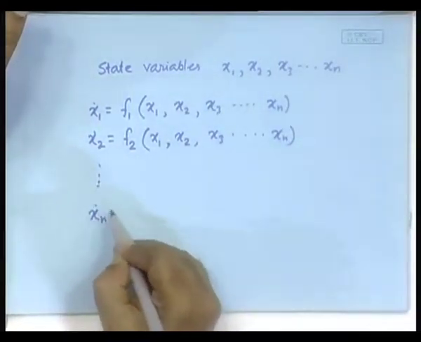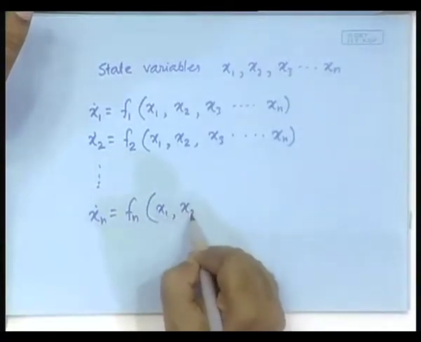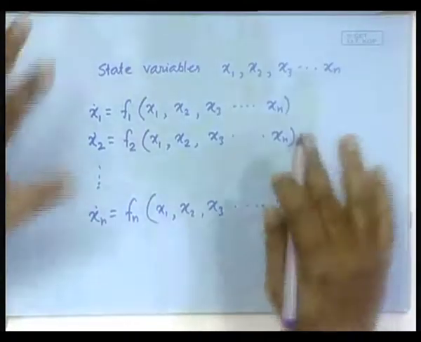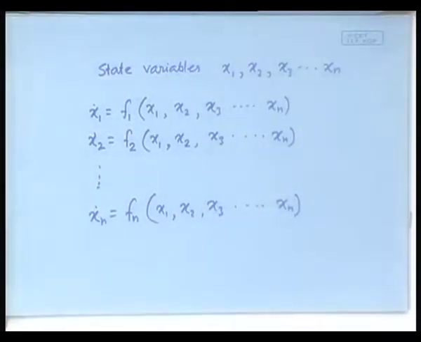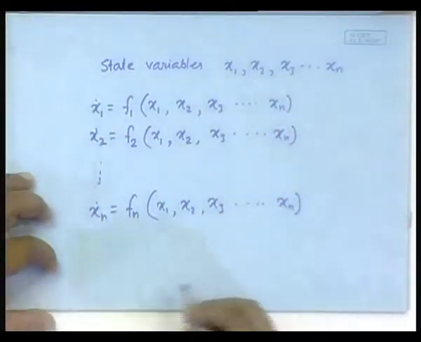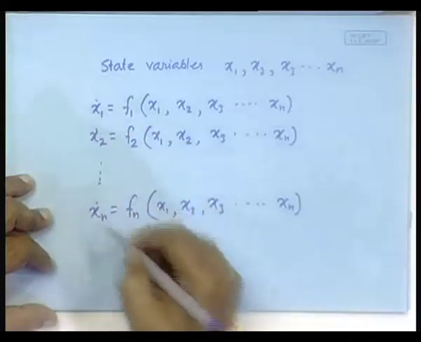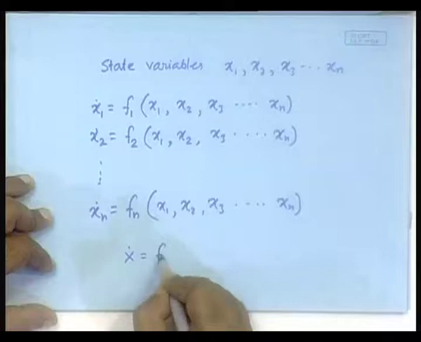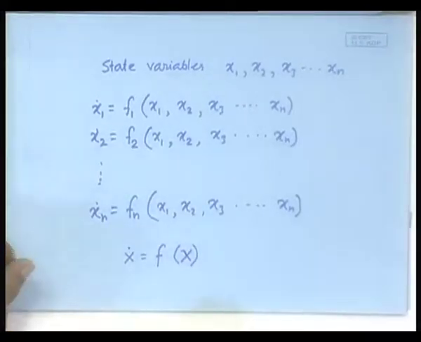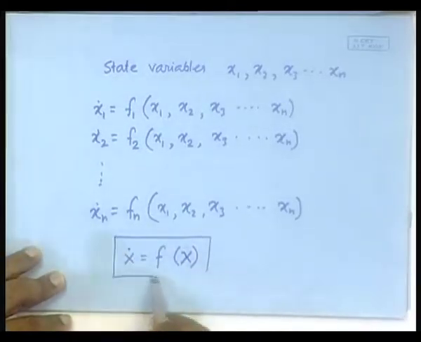X n dot is equal to another function, so that is what we have done so far. In brief, if you express that in a compact matrix form, you would say capital X, representing this whole vector, dot is equal to some function of capital X. So, this is what we have obtained so far, and then the next task is to solve it.